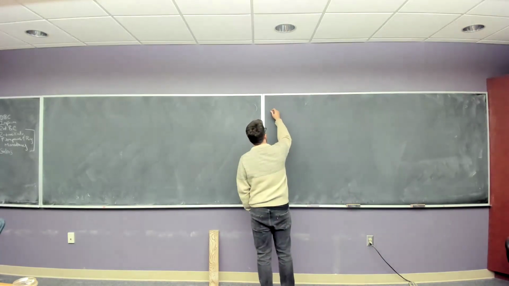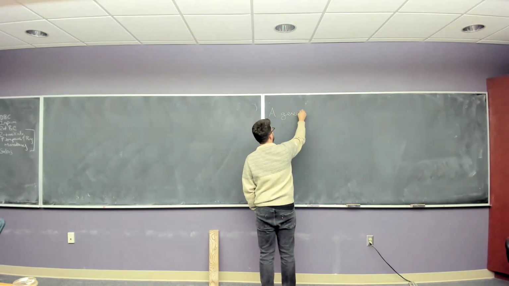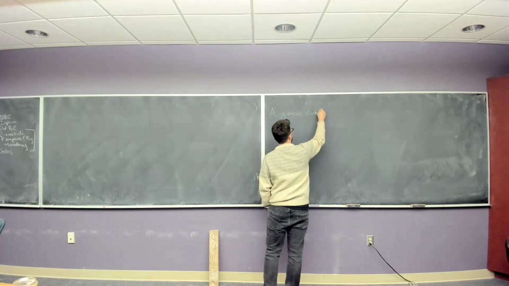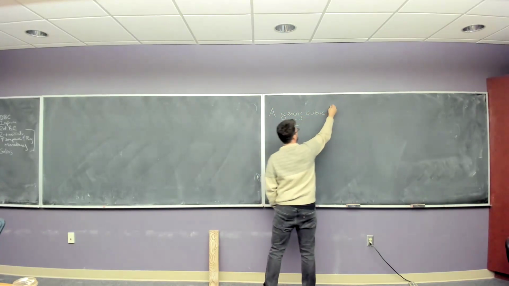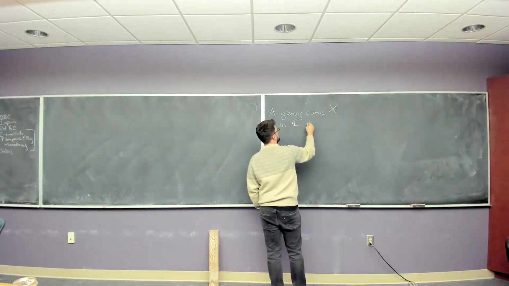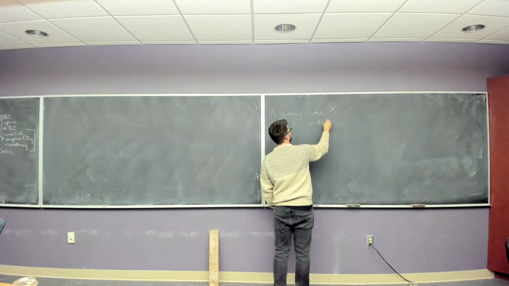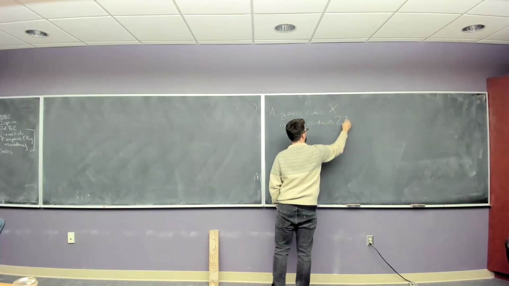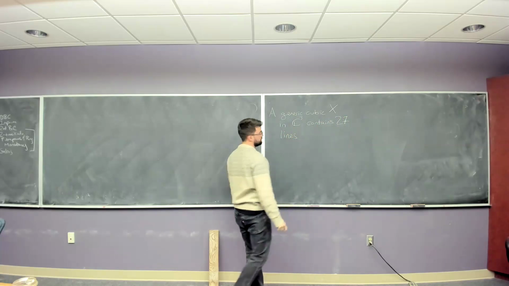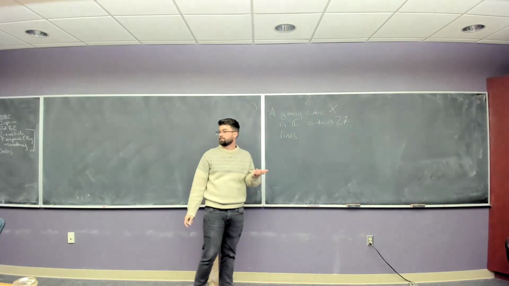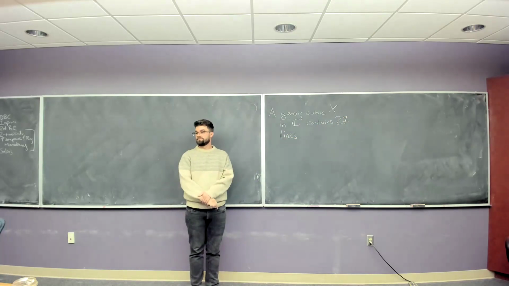So the result is: the generic cubic in three-dimensional space contains 27 lines.